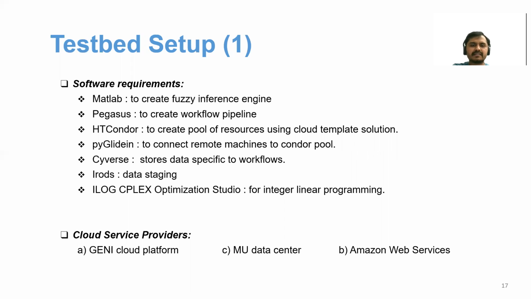CyVerse is where we stage the data for the workflows. And iRODS is a tool to connect the data and the workflow on the cluster. For ILP optimization, we use IBM ILOG CPLEX Optimization Studio. And the clouds which were used for our experiments were from Genie, MU Local Data Center, and Amazon Web Services.